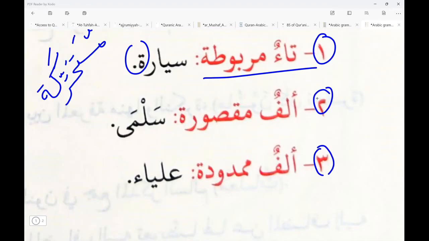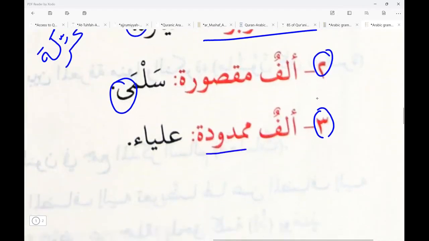So you have to know what alif maksura is, like Salma, Huda, Maha. All of these are the alama of the muannath. And also mamduda is an alama of muannath, like uliya here. Makes sense?